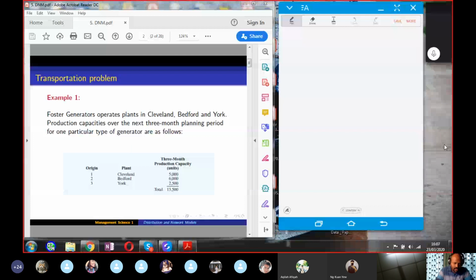Foster Generators operates plants in Cleveland, Bedford, and York. There are 3 plants, 3 factories which produce generators. Production capacity over the next 3-month planning period for one particular model is given. Now, basically, example 1 tells you that.